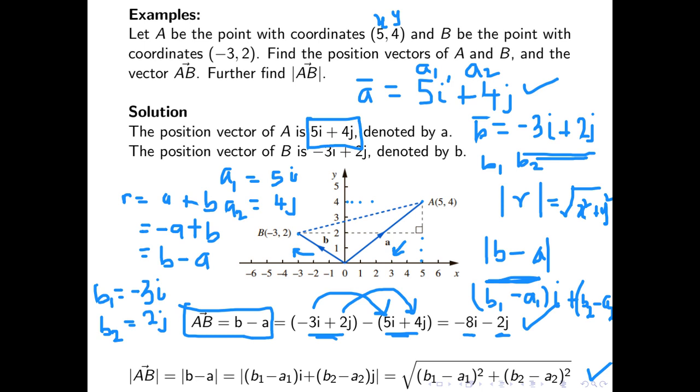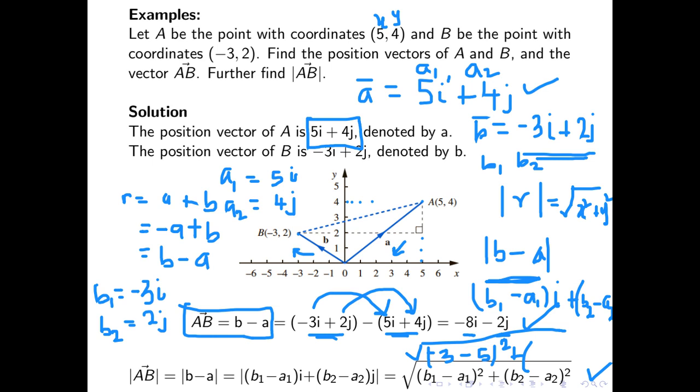We're going to be having the square root of b1, which is minus 3, minus a1, which is 5, minus 5, take the square. Please take note of this formula. I'm going to show you for maybe 3 coordinates and show you how to obtain that formula with respect to 3 coordinates.